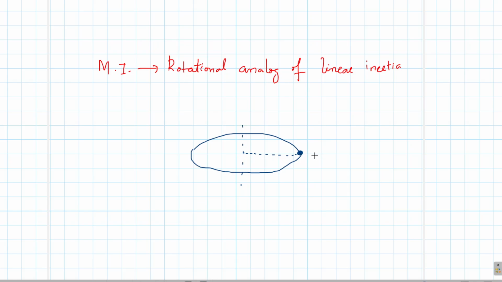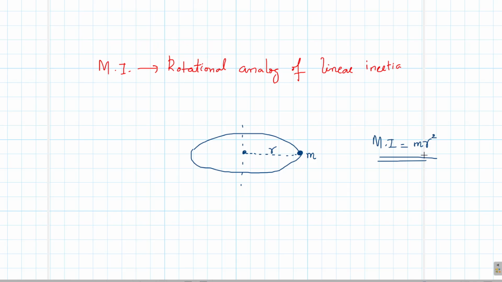The moment of inertia is defined as the mass of the particle multiplied by the square of the perpendicular distance to the axis. This is R. R is the perpendicular distance from the axis to the particle, or the radius of the circular trajectory. So m r square is the moment of inertia of this small particle.